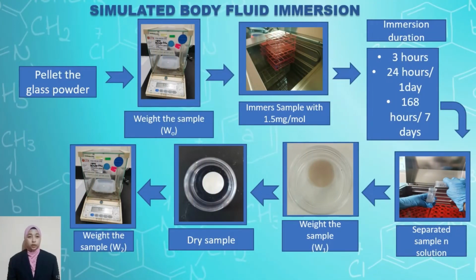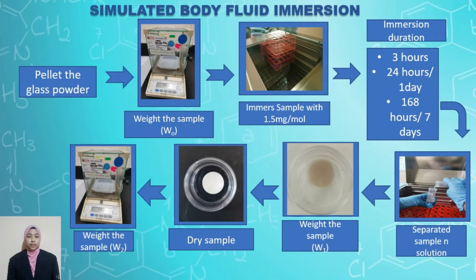To evaluate the bioactivity properties of the sample, MBBGT, the sample will go through the simulated body fluid process in a water bath immersion at the temperature 37 degrees Celsius with immersion durations of 3 hours, 24 hours and 168 hours. First procedure is we will pellet the sample. After that, we will take the weight of the sample before we immerse.